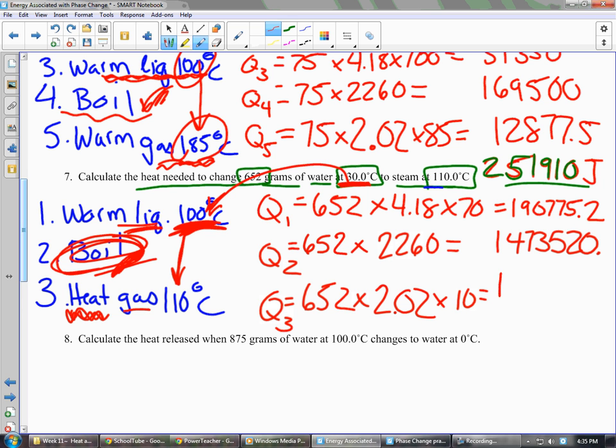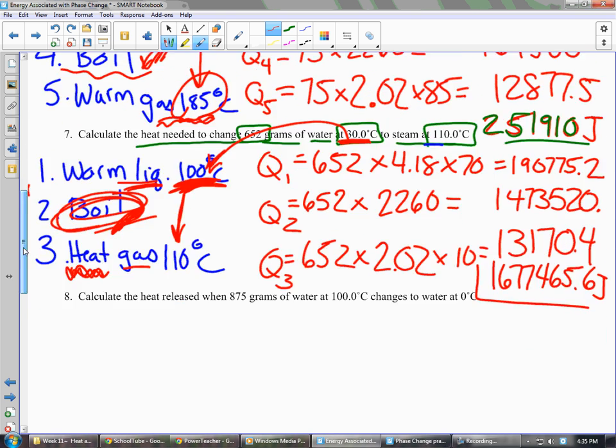When you get that, you're looking at 13170.4. When you add these all up, your final answer should be 1677465.6. Put a joules on that bad boy, and you are good to go.